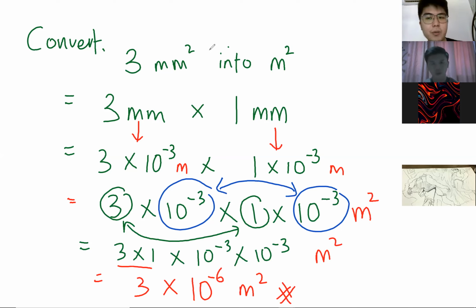If the number is a square number, you break it down. The first line, 3mm square, you break it down to 3 millimeter times 1 millimeter, and then you do conversion for the 3 millimeter and for the 1 millimeter, and then you multiply it together.